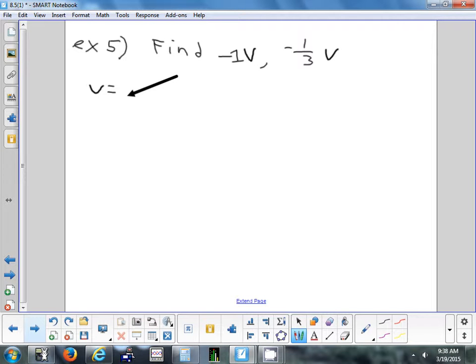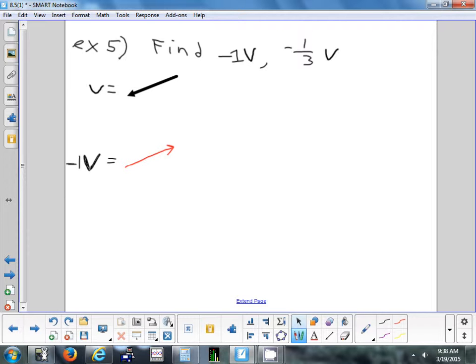Right, so this one they have you finding negative v. We've already done one like that earlier. Just take and switch the direction. That is one I could do on the smartboard just by reflecting it twice, but it's quicker to just draw it. So there's negative 1v.